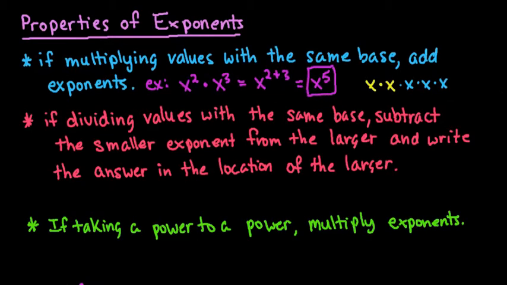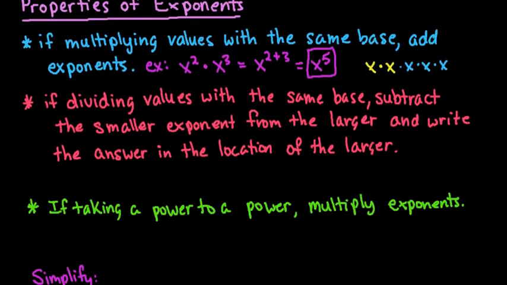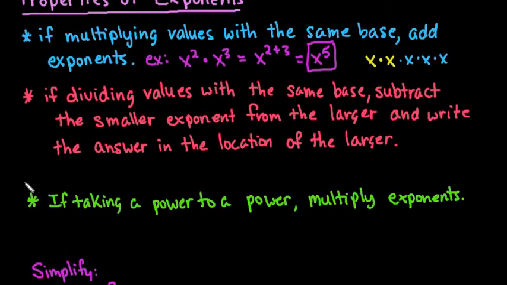All right, our next rule tells us that if we are dividing values with the same base, we're going to subtract the smaller exponent from the larger and write the answer in the location of the larger. A lot of textbooks will tell you to do this with just subtracting the exponents, and it doesn't say to move only the smaller one, and then sometimes you end up with a negative exponent and then you have to move it down.